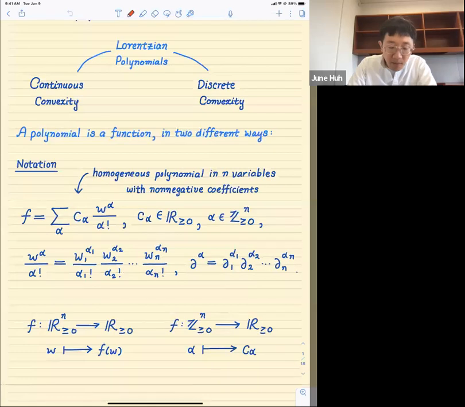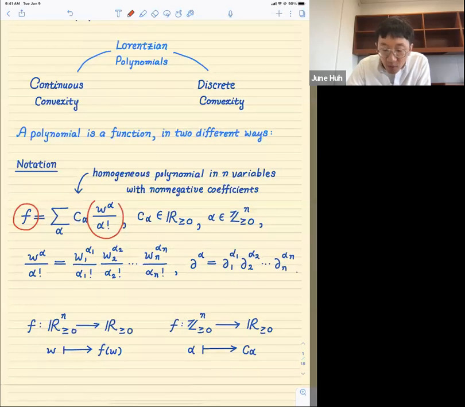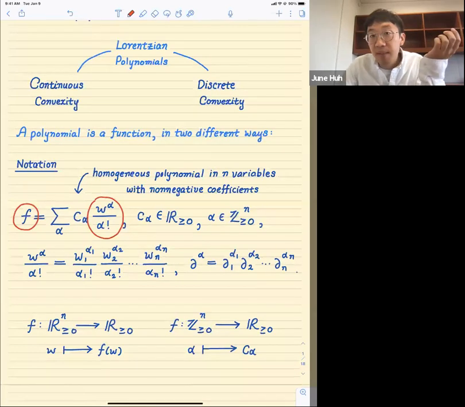The main player will always be a homogeneous polynomial f, and I am going to write down f in a specific way. It's a sum of many terms, and the terms will be labeled by alpha. The main thing I wish to emphasize is that I'm always going to write my polynomial in this normalized way, as if you were writing a Taylor expansion of some polynomial.